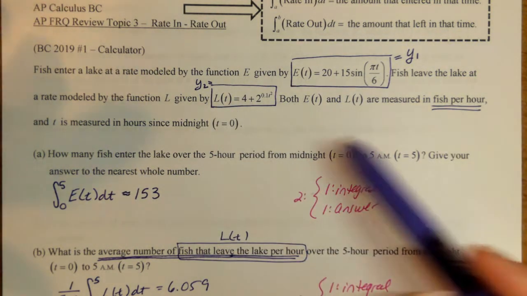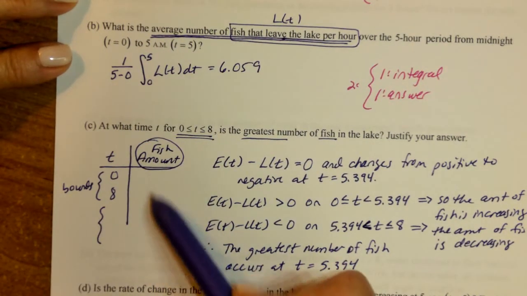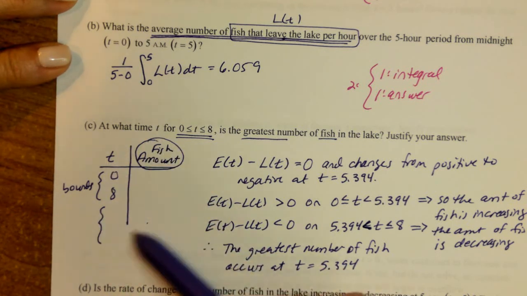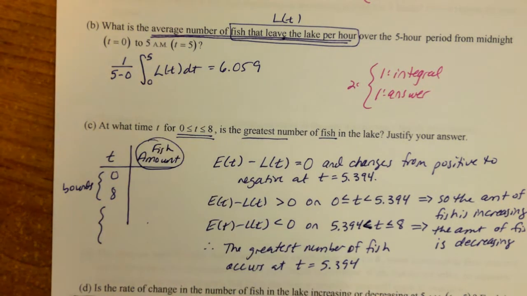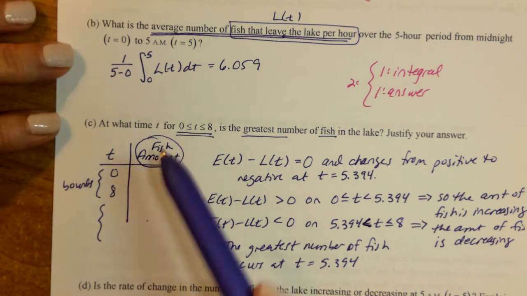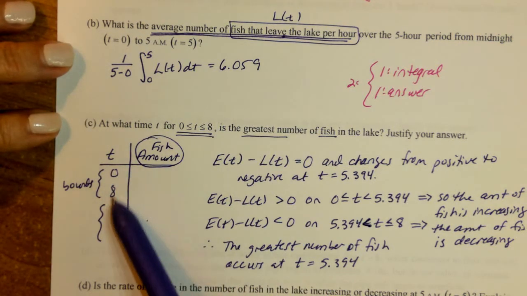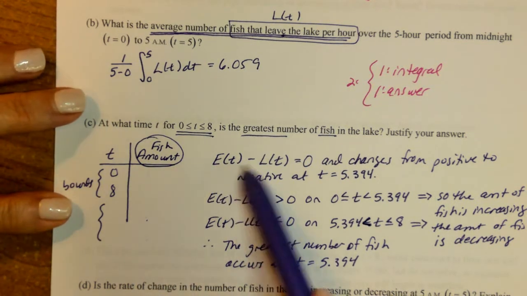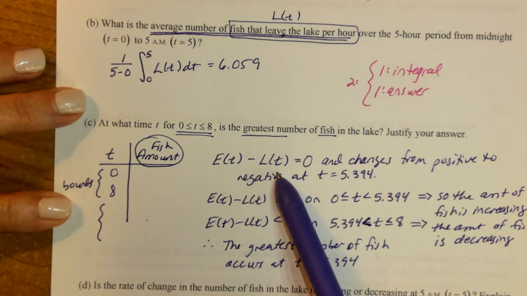No, they didn't give us that at all. So we would not have been able to fill out this. Okay? I still like to write this down for myself because this guides me. It tells me, okay, I need to consider my boundaries and I need to consider a time that makes the rate change from positive to negative.